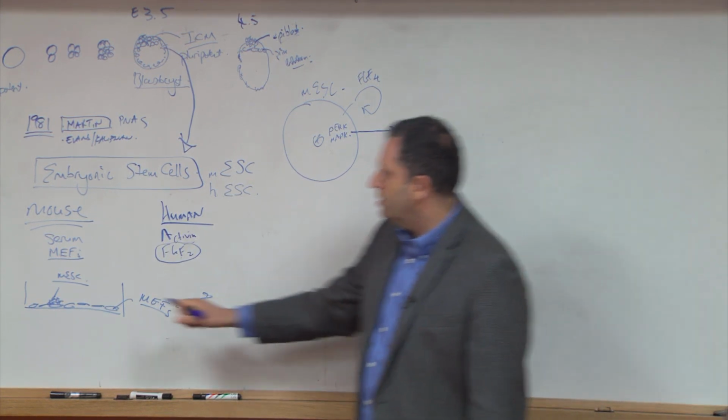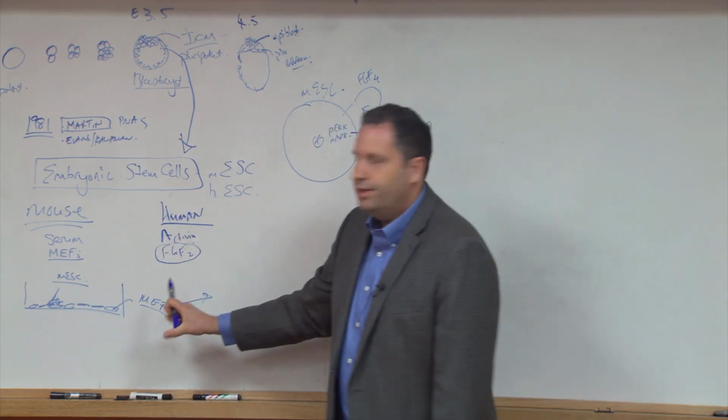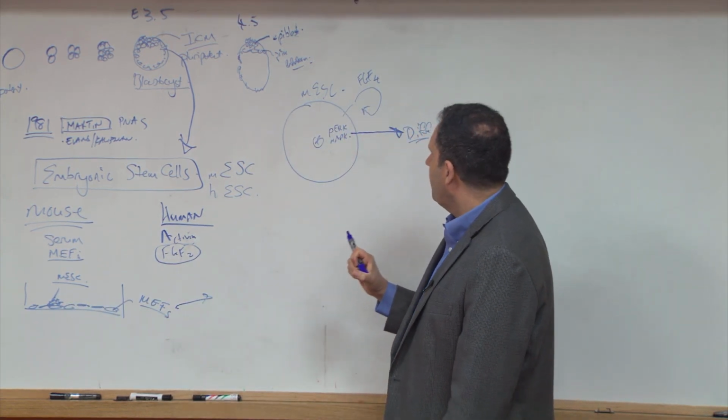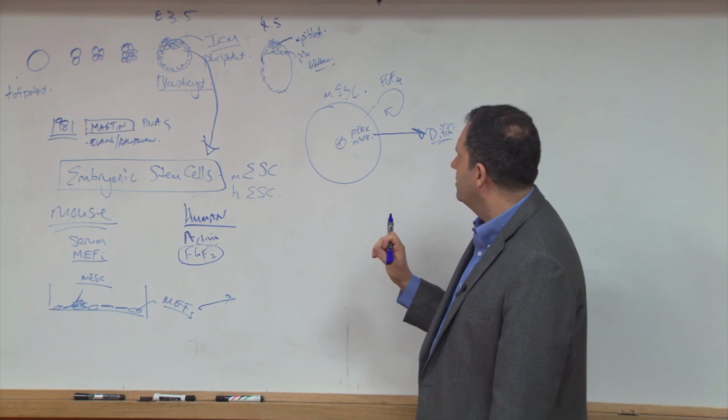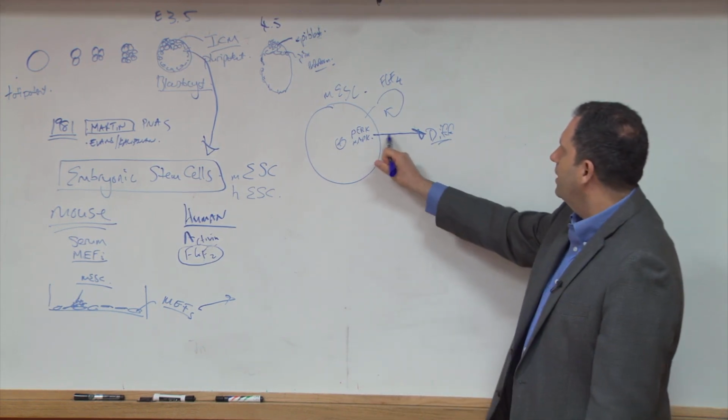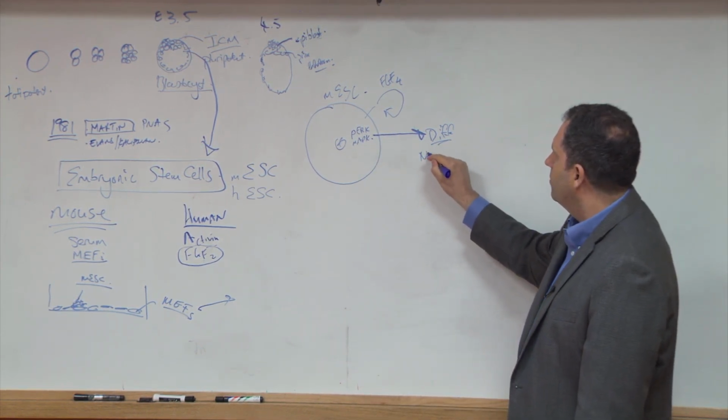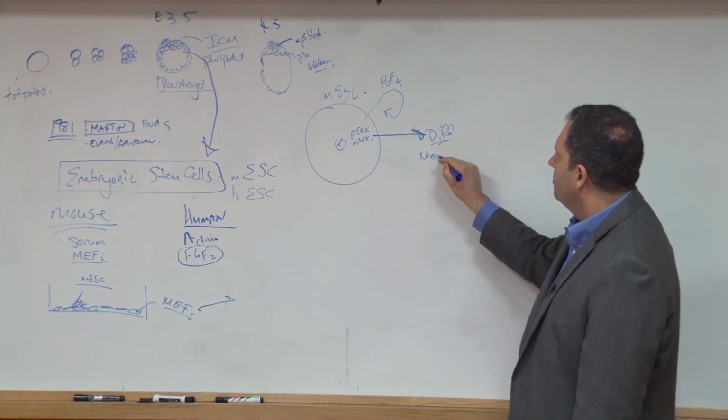So continually these cells are trying to exit pluripotency, and something here is trapping them in a stable state, but it's a yin and a yang of trying to leave pluripotency, and this pathway by default almost is neuroectoderm.